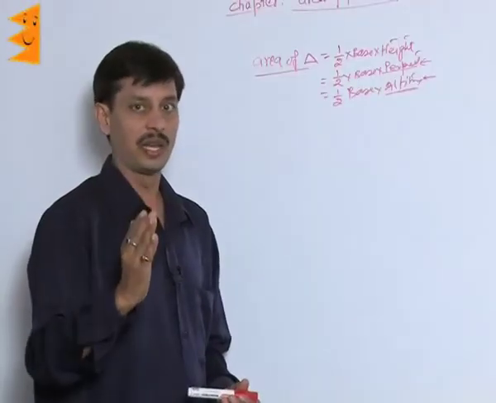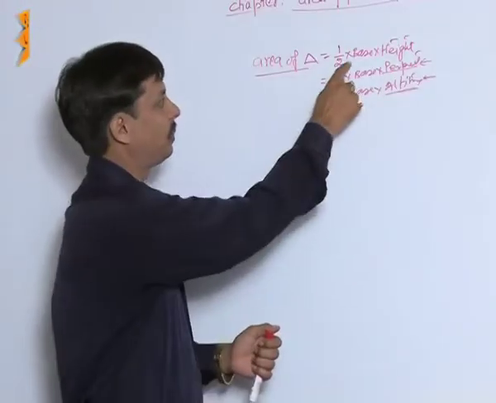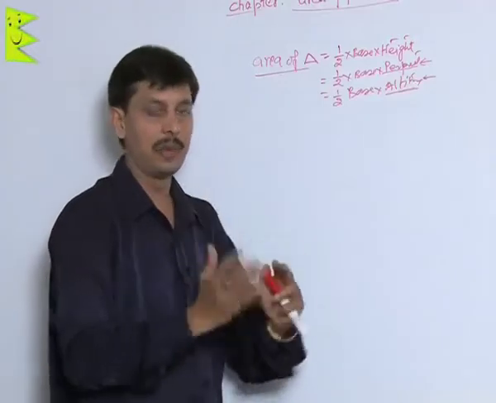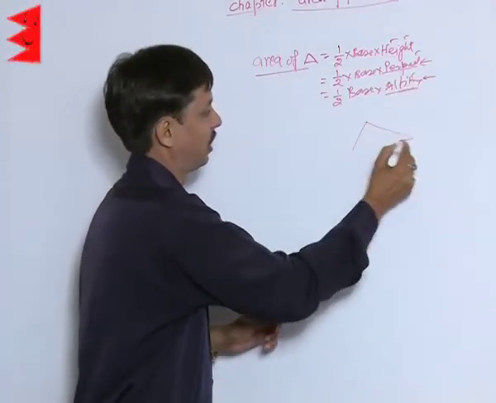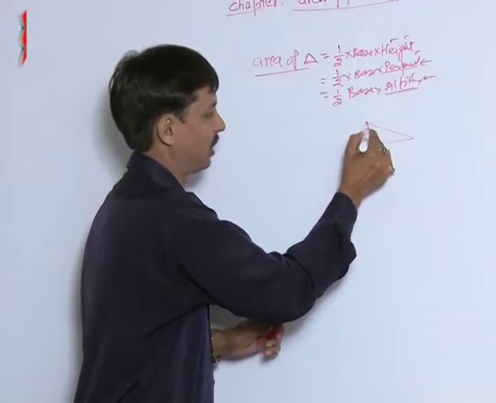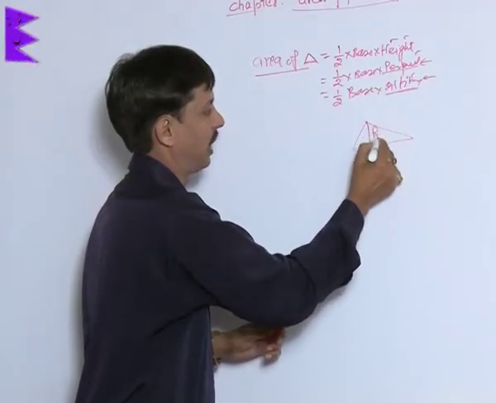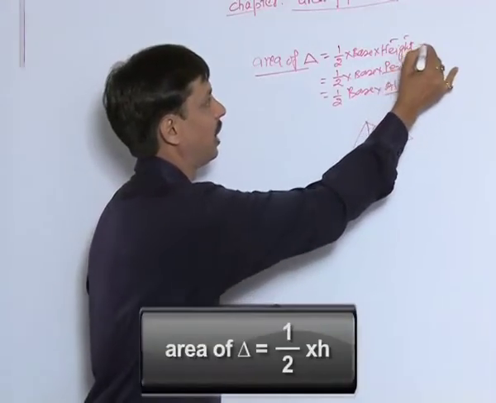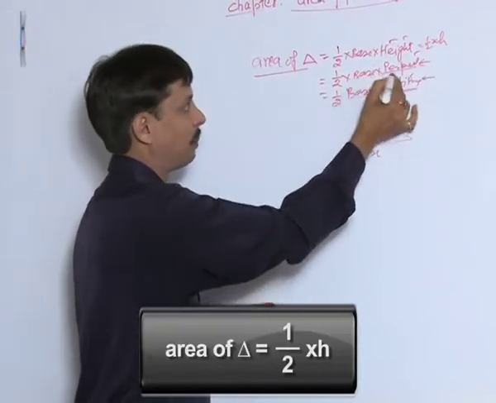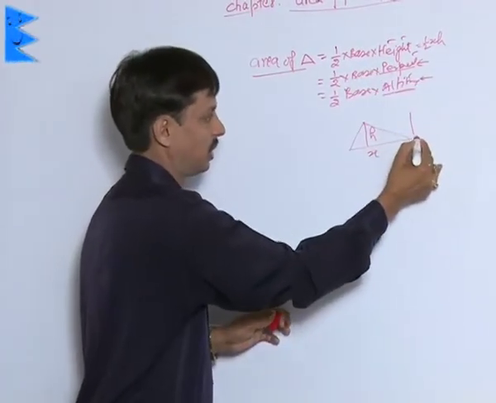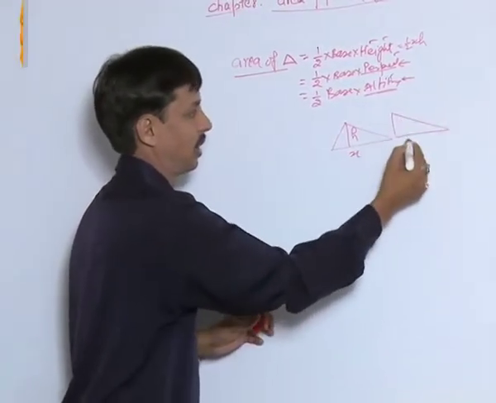Now the area of a triangle formula is half base into height if base and height are given. Suppose a triangle is like this, this is the base and this is the height, x and h. Then the area in this case can be written as half xh. Base and perpendicular, this is in the case of a right angled triangle.